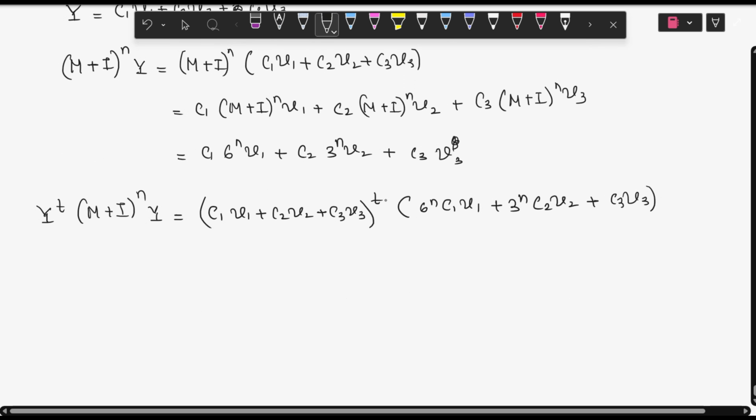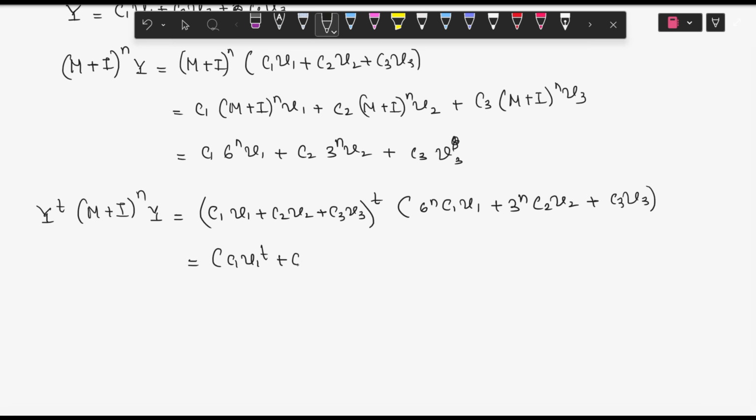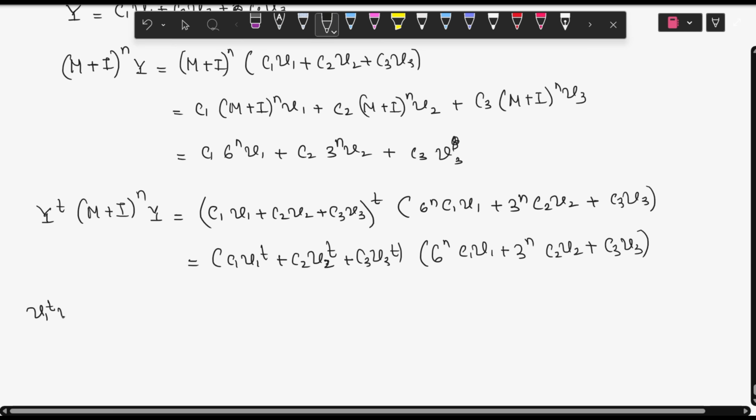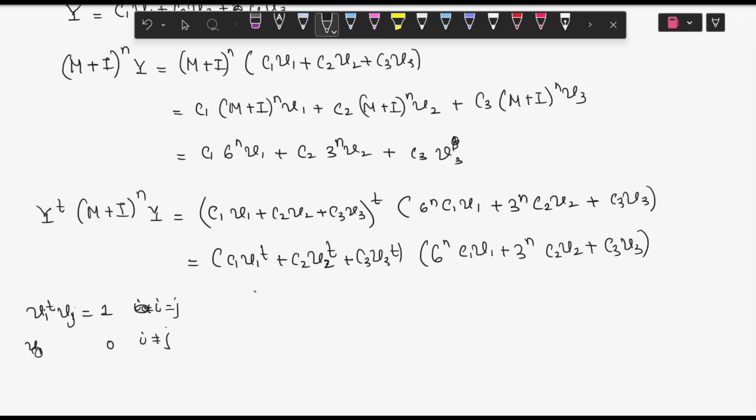Now हमें पता है transpose को हम लिख सकते हैं c1v1 transpose plus c2v2 transpose plus c3v3 transpose of (6^n c1v1 plus 3^n c2v2 plus c3v3). अब क्योंकि v1, v2, v3 एक orthonormal basis है, हम बोल सकते हैं vi transpose vj, that is 1 if i equal to j and 0 if i not equal to j, ठीक है ना.